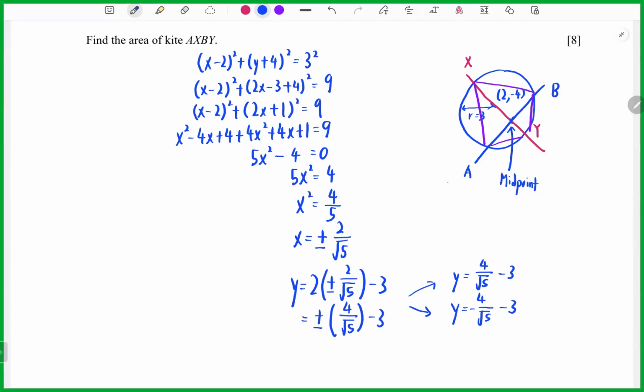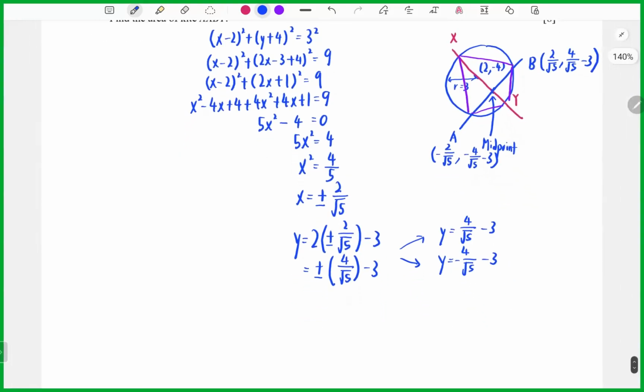So the two points are (2 over root 5, 4 over root 5 minus 3) and (negative 2 over root 5, negative 4 over root 5 minus 3). Okay, so already done.